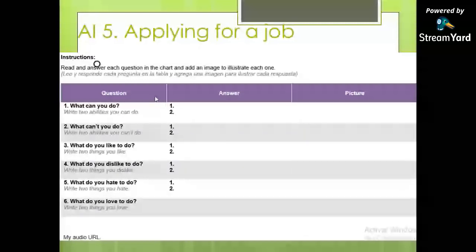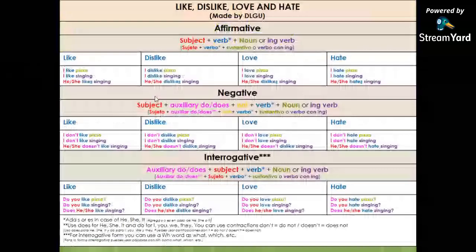Sorry, this is activity number 5. You have to fill the format with all your abilities, with all your likes, dislikes, what you love, what you hate, etc. For this, you need to use this grammar: like, dislike, love, and hate.